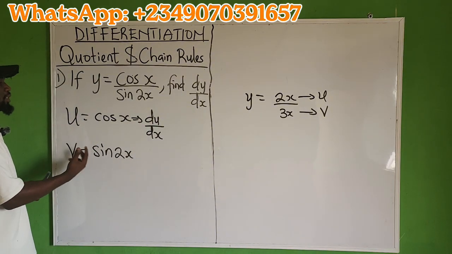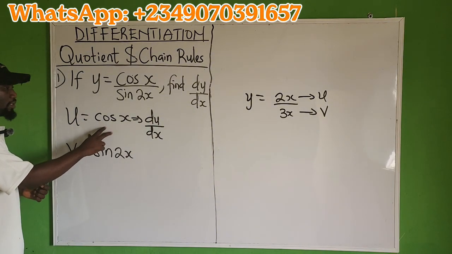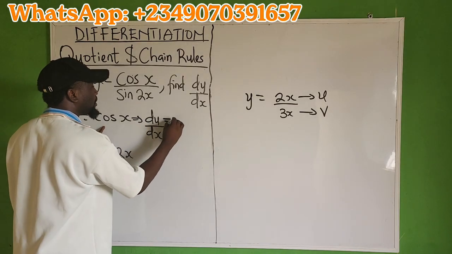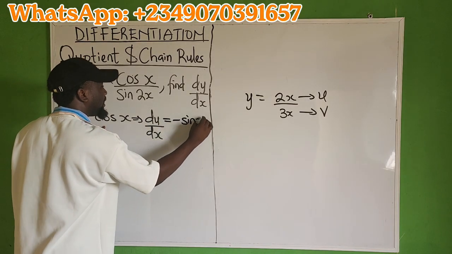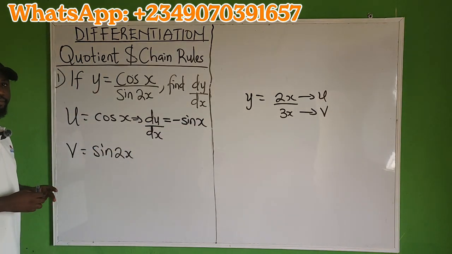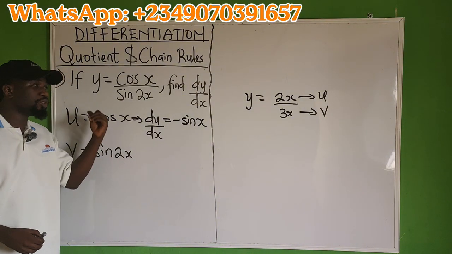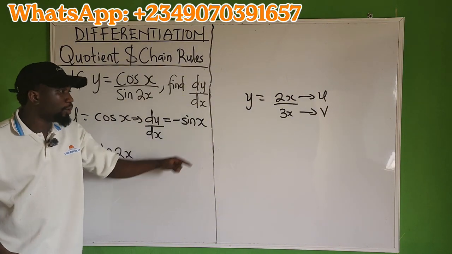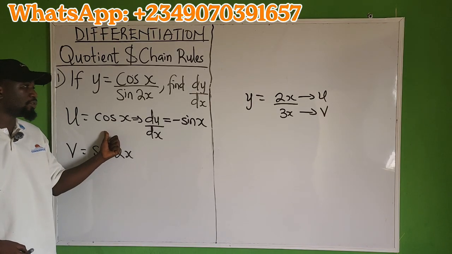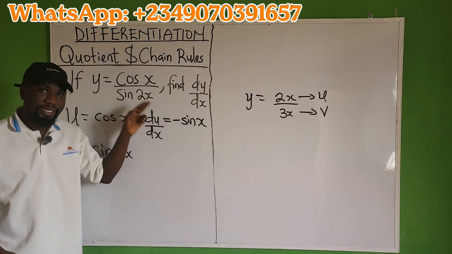If you differentiate cos x, it is going to give us minus sine x. If you differentiate sine x, it's going to give us cos x, but differentiating cos x is going to give us minus sine x.